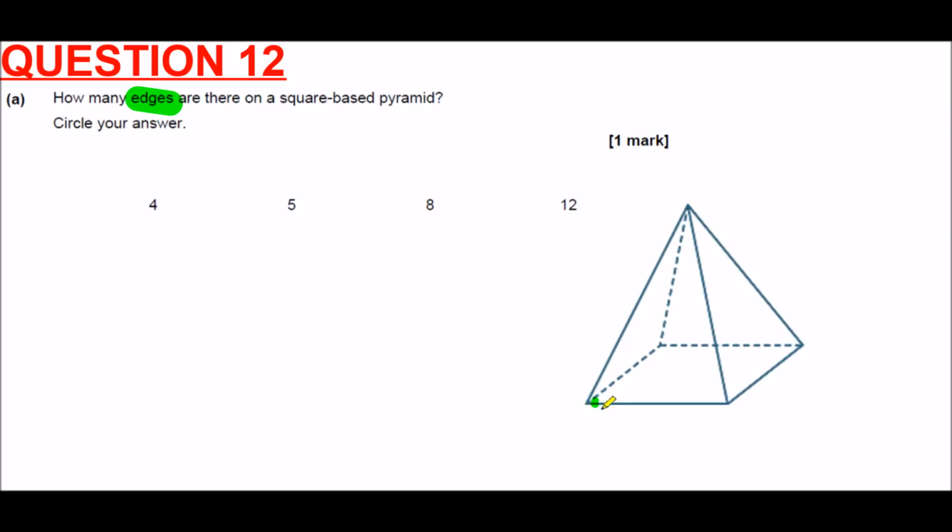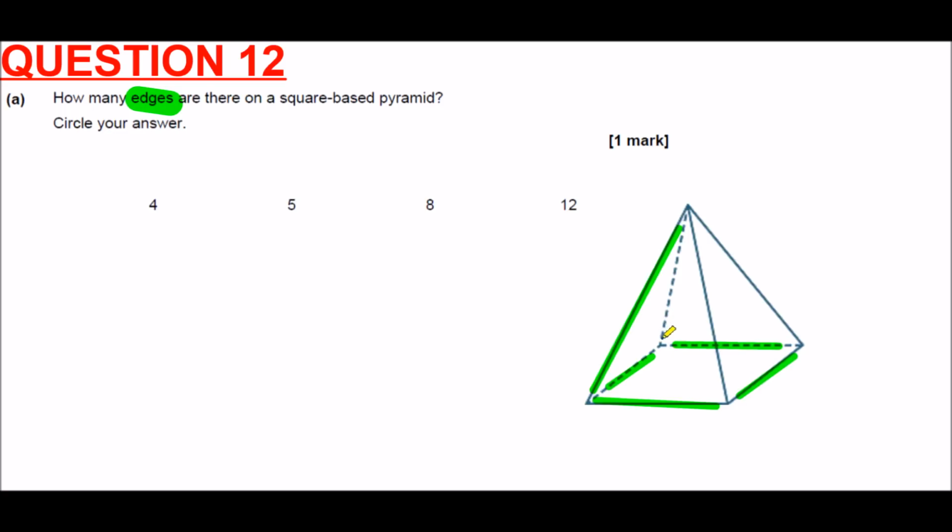And so this bottom edge is 1. There's a side one here, which is a second edge. 3. And 4. So around the square base, there's 4 edges, because the square has 4 edges. But then there's also 4 more, because joining the bottom corners of the square to the top point is another 4 edges.